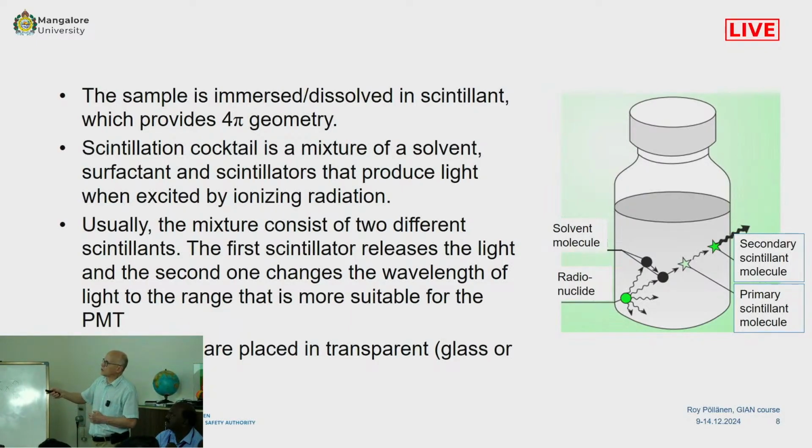So it's a cocktail, a mixture of solvent, surfactant and scintillators that produce light when excited by ionizing radiation. There are usually, or quite often, two different scintillants. The first one releases the light and the second one enhances the signal. Do you use glass or plastic vials? Yeah, polyethylene. Yeah, all right.